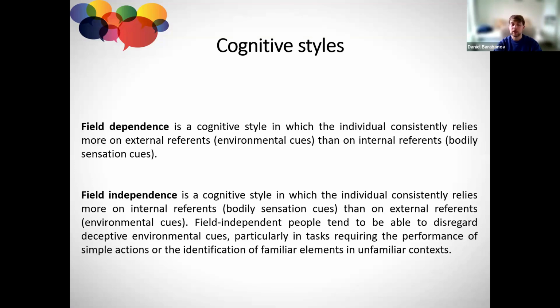Field independence is a cognitive style in which the individual consistently relies more on internal reference, basically their bodily sensation, and pays much less attention to environmental cues or the context. So field-independent people tend to be able to disregard deceptive environmental cues, unneeded context, and they perform quite well on finding elements of figures or objects, even if they are presented in very detailed contexts.